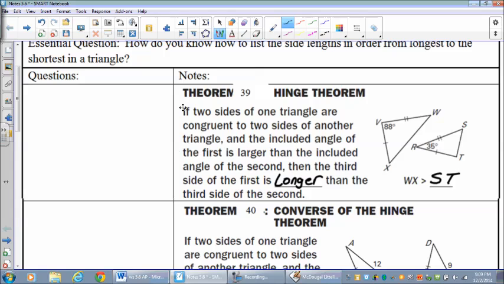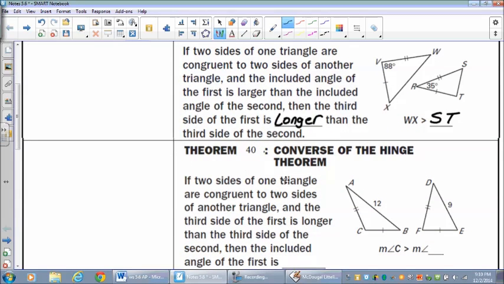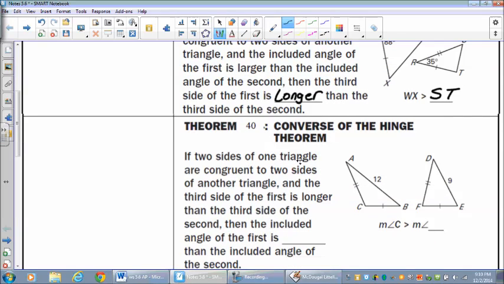And it is the actual word instead of what I did yesterday. Okay. Theorem 40 is the converse, so it's going the opposite direction. You still have two sides of the triangle congruent to the other one, but this time they give you the third length.